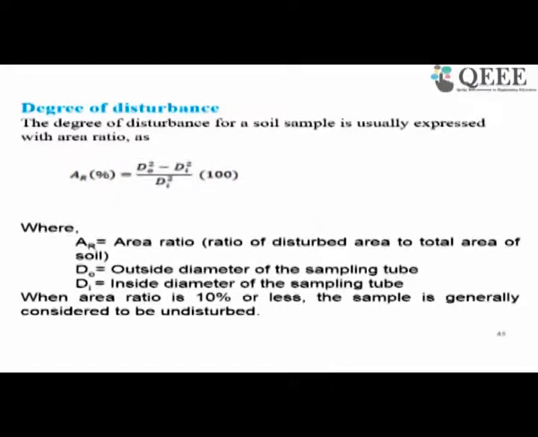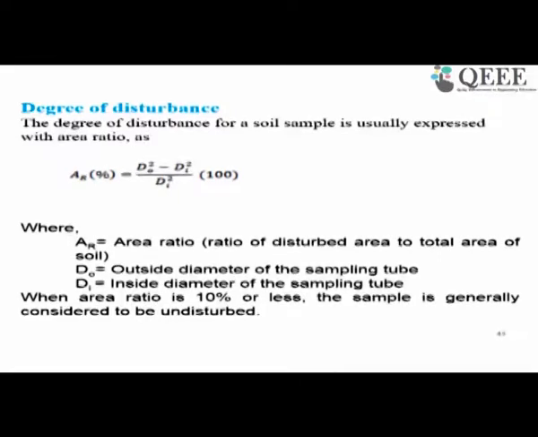Now when we call something disturbed or undisturbed, there should be some basis, some demarcation, for an undisturbed sample. So through the split sampler, when you get the sample, your percentage disturbance can be calculated with this formula, where D naught is the outside diameter of the sampler and Di is the inside diameter of the sampler.